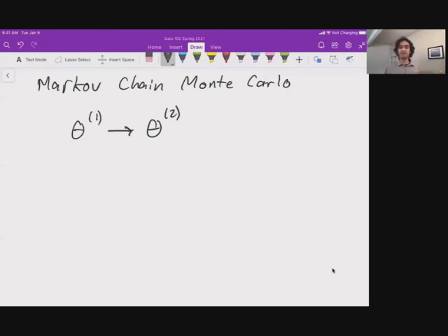Maybe theta is the means of my heights for 2 groups. So the sample theta 1 is: first group mean is 5.9, second group mean is 5.4. Then I use that to give me another sample, and theta 2 is another vector of means. So each theta represents one sample from my distribution. If it's scalar, it's a single number. If theta is a vector or a high dimensional thing, it's all of them.